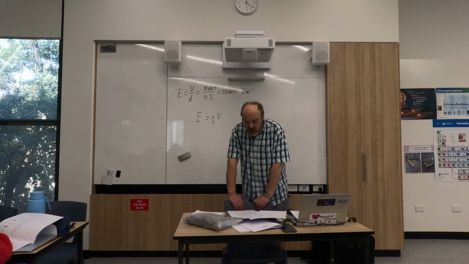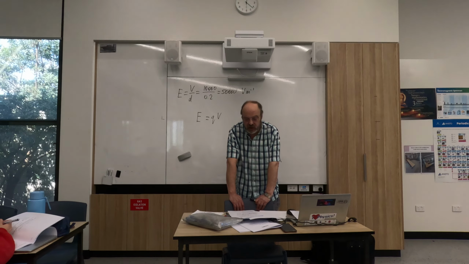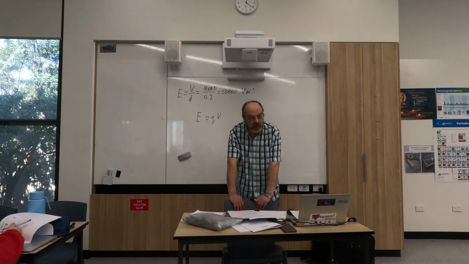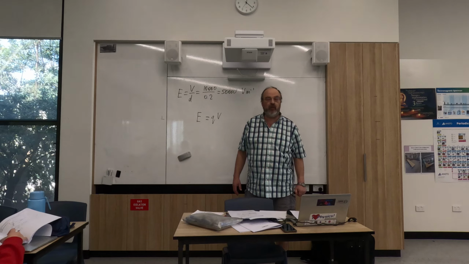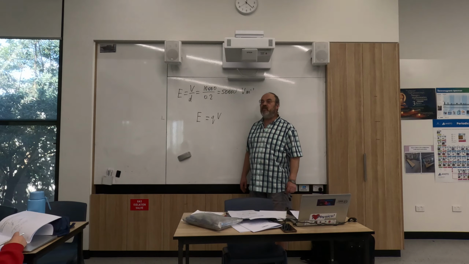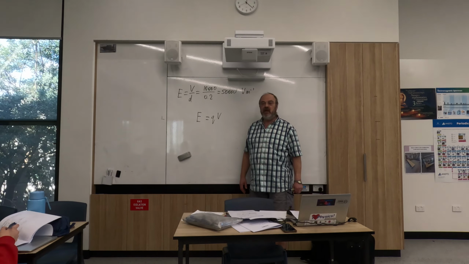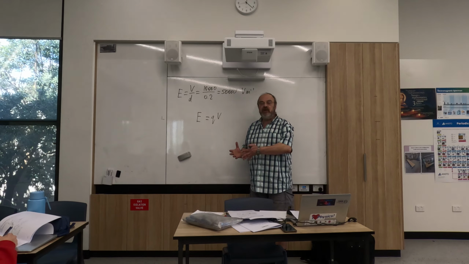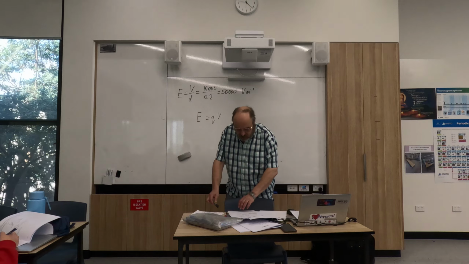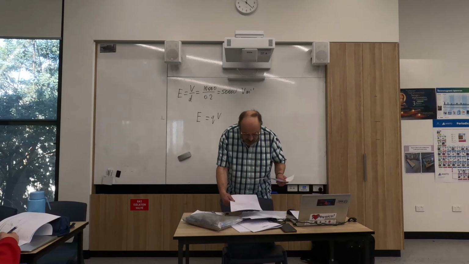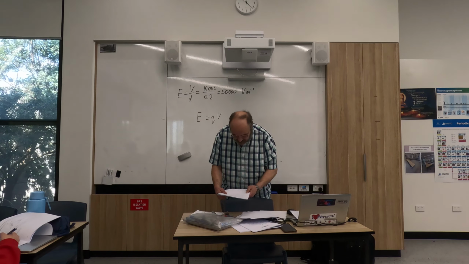You don't need to calculate anything. And if there is a unit in the answer box, you must answer in that unit. So 10,000 electron volts.